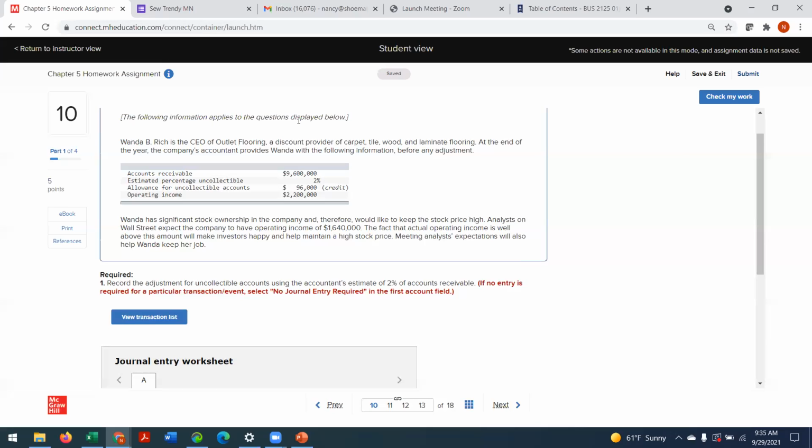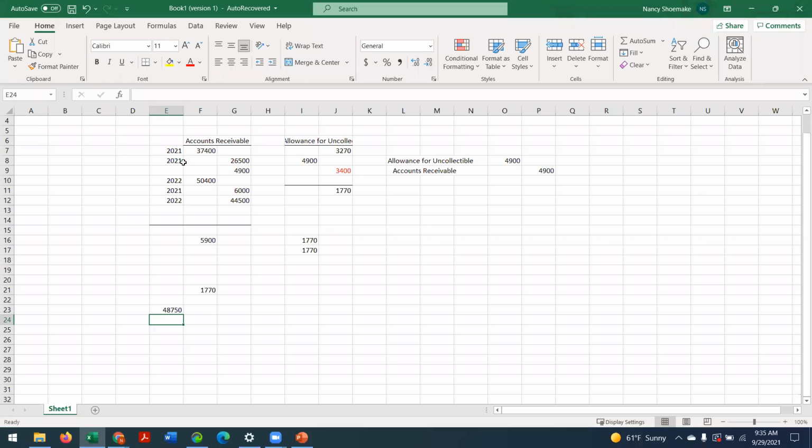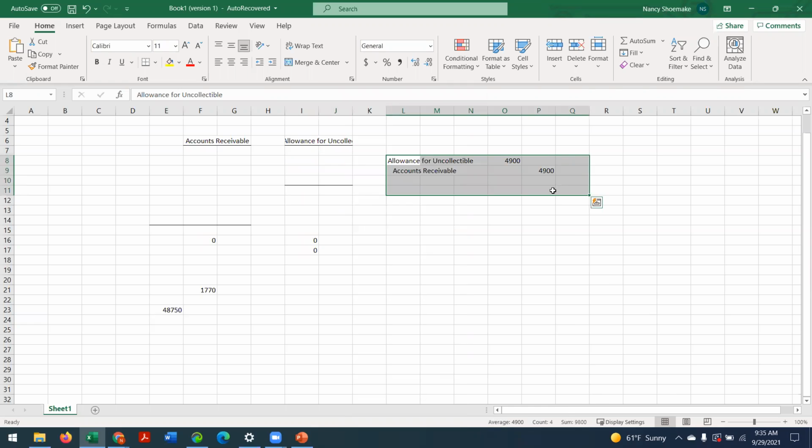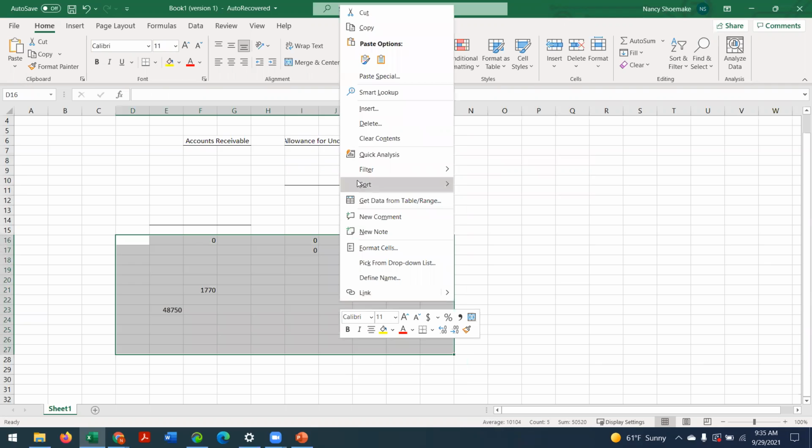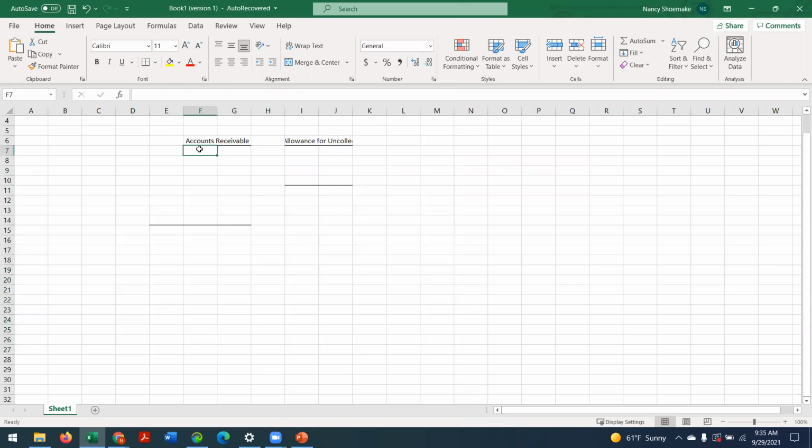Okay, so let's look at this. The accounts receivable is 9,600,000.